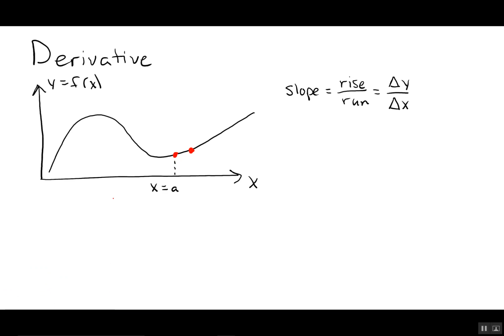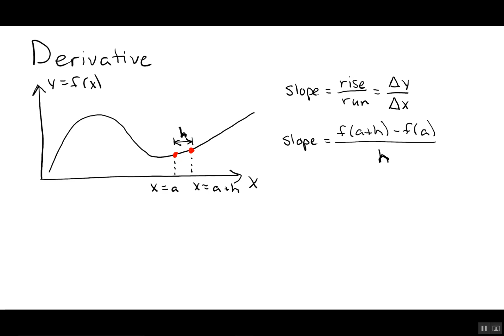preferably another point close by. We'll call that point x equals a plus a small amount h, where h is the horizontal distance between those 2 points.